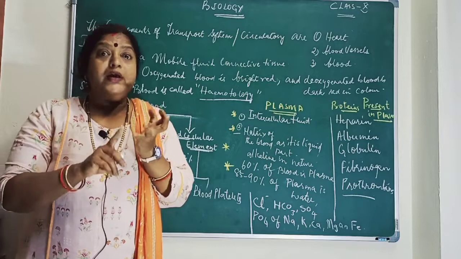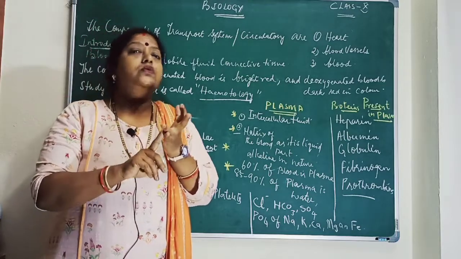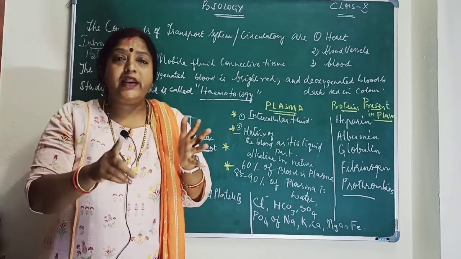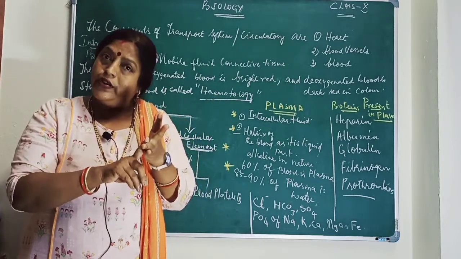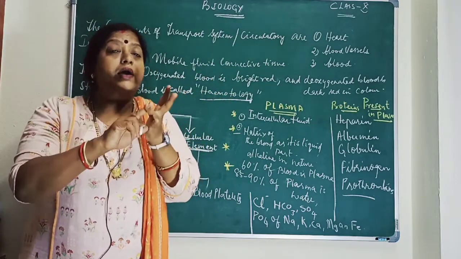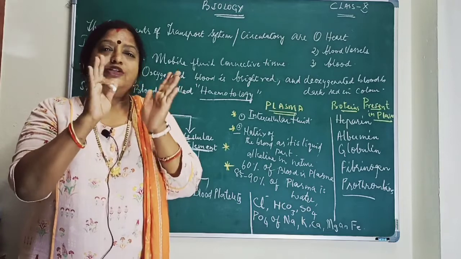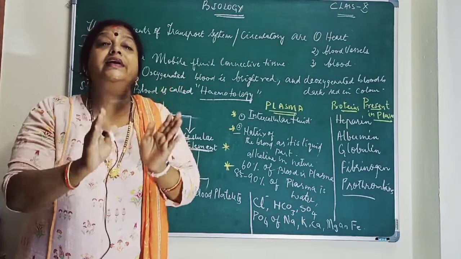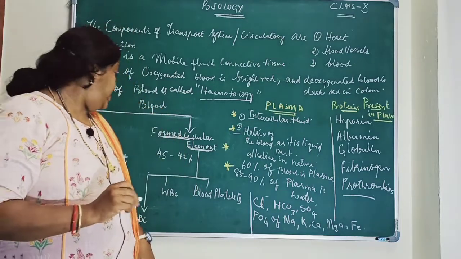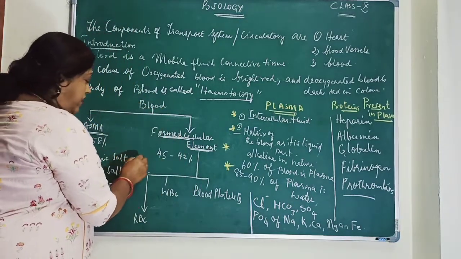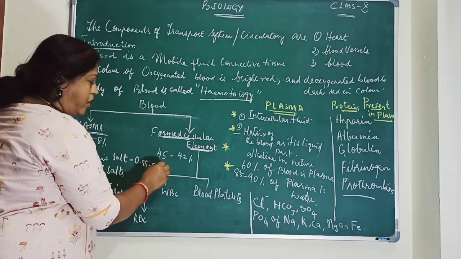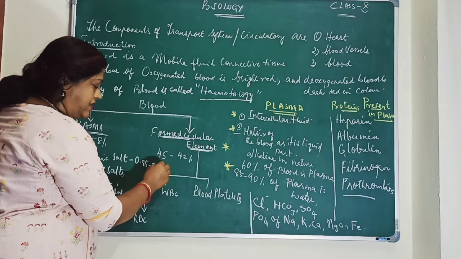Chlorides and bicarbonates of sodium are present in large quantity. The total content of inorganic salt in plasma is 0.85 to 0.9%. Understood, children?